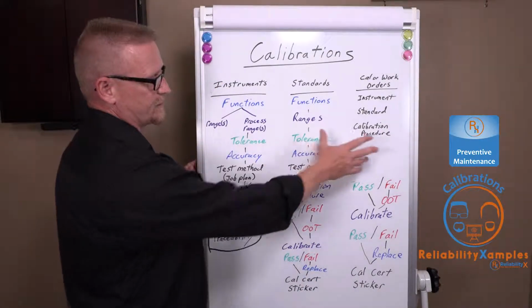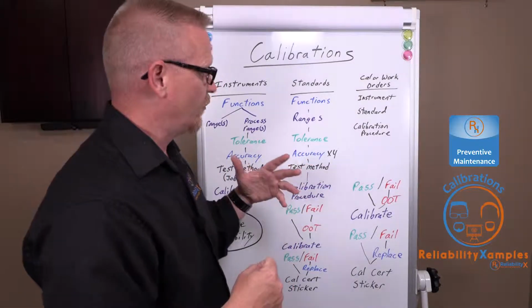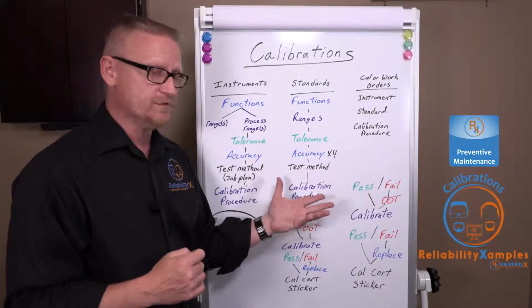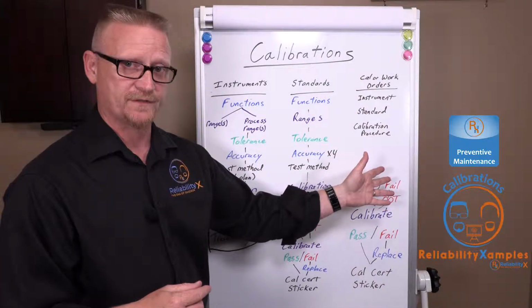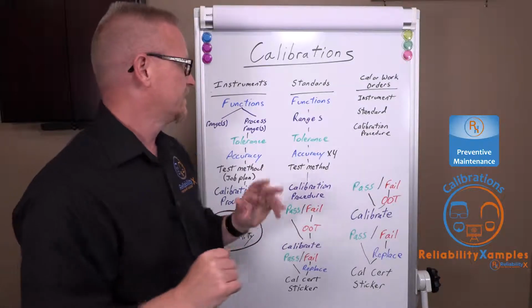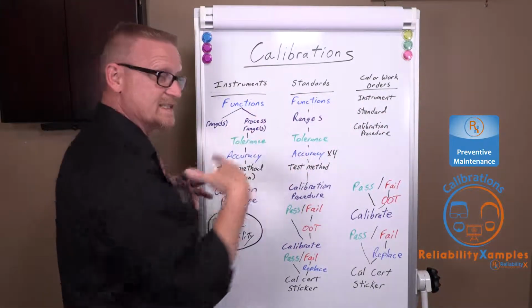In order for you to search the system, your CMMS or EAM system, on where this standard was used, you can't say where was it used only to measure temperature, at least not very easily. And so you're looking, in today's world, at where was the standard used?